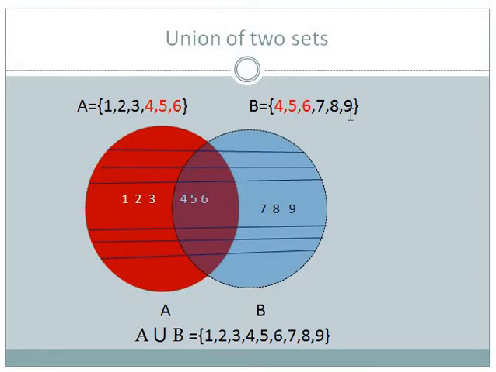And the members of B are 4, 5, 6 and 7, 8, 9. In the intersection portion we write the common elements between A and B, that is 4, 5 and 6. So this is the Venn diagram representation of A ∪ B. The total shaded portion represents the set A ∪ B.